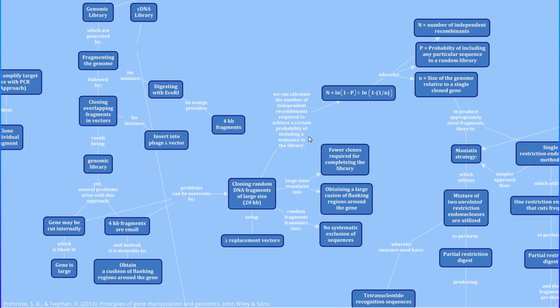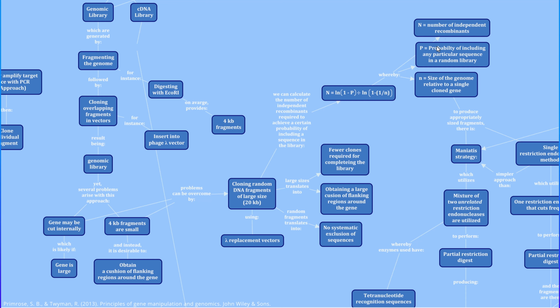Now, we can calculate the number of independent recombinants required to achieve a certain probability of including a sequence in a library. And this is through this equation here, whereby capital N refers to the number of independent recombinants, P right here, so it's the natural logarithm of 1 minus P divided by the natural logarithm of 1 minus 1 over n, or a little case n.